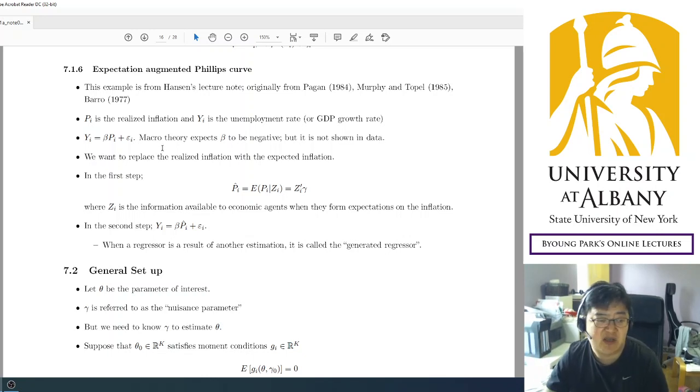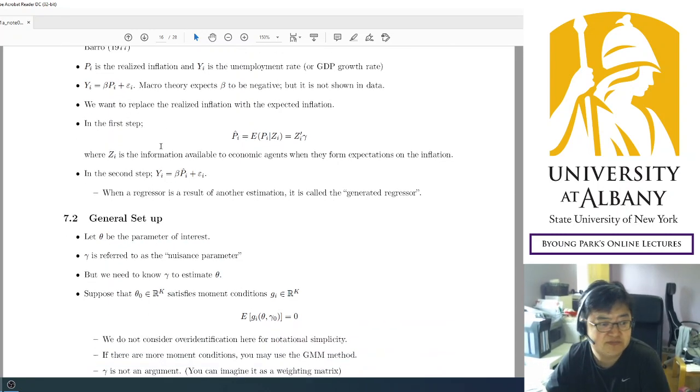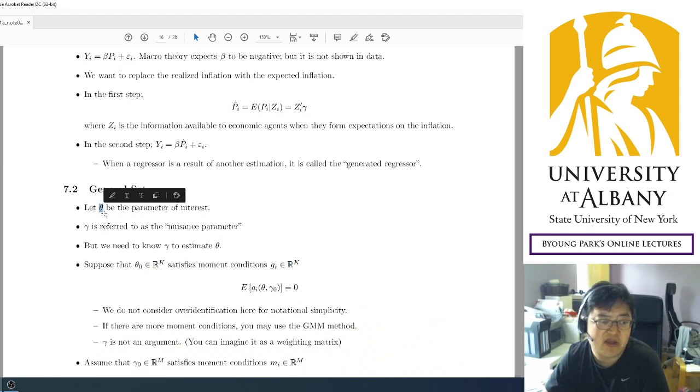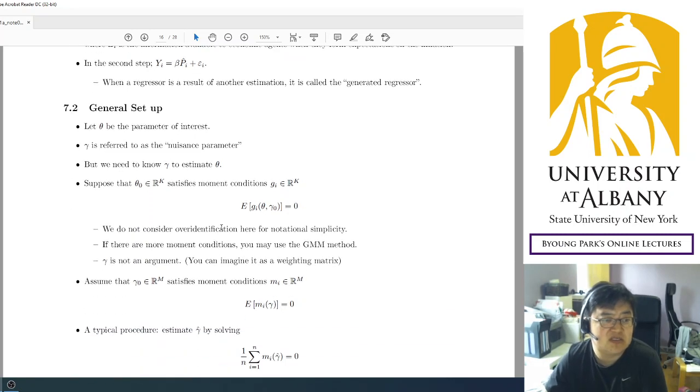I need to estimate the expectation because it is not in the data. So in all these examples, I'm interested in theta, but I need gamma. I need gamma to estimate theta, or to have a better estimate of theta. So this is the setup.